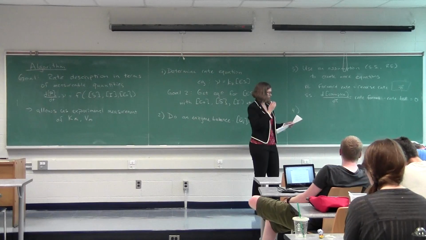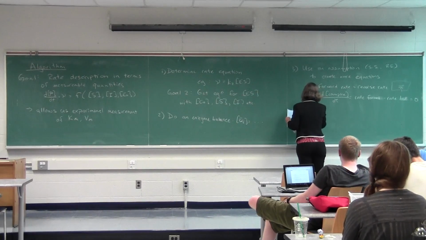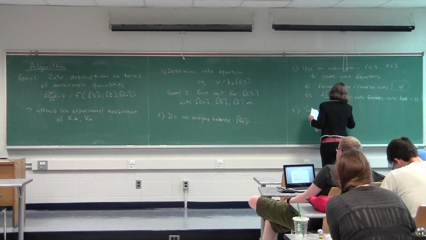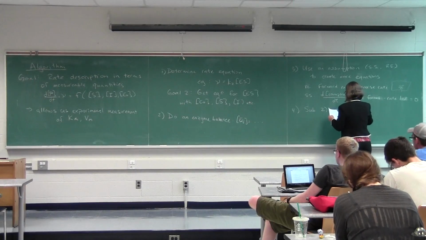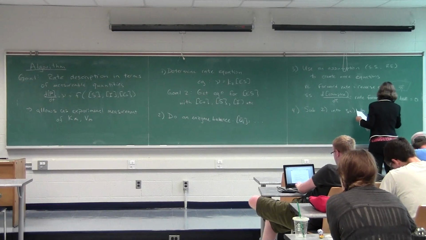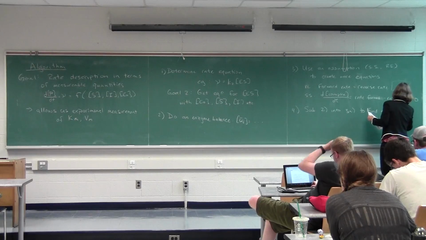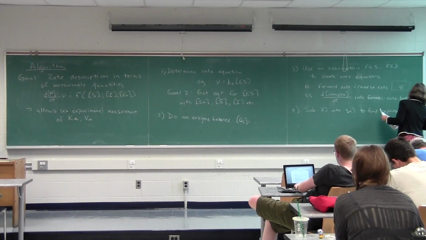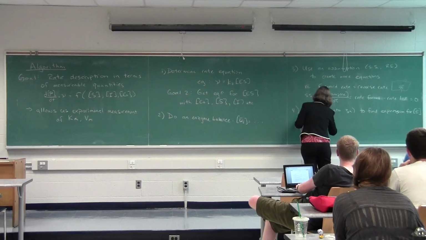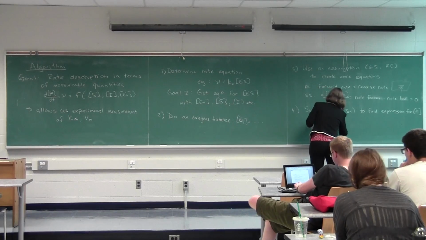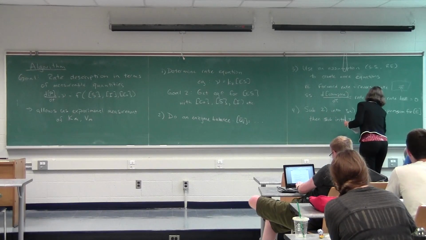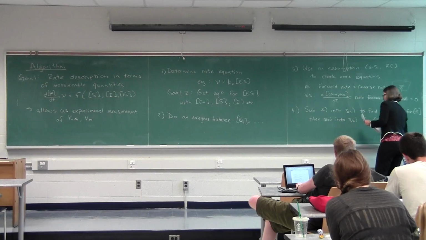Everyone will have a slightly different way of solving it, but the basic method is: sub your balance into your first equation, I'm going to call it 3A, to find an expression for, say, enzyme concentration, then sub that into 3B for your complex formation.